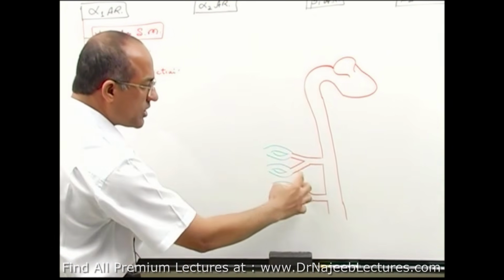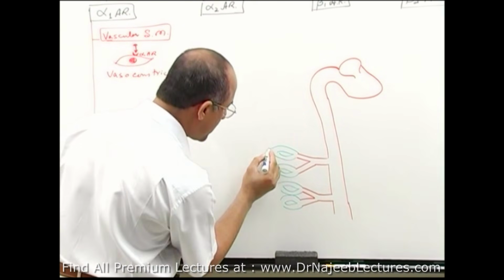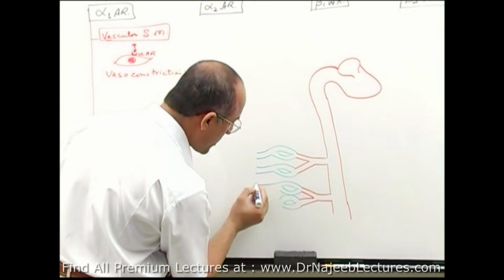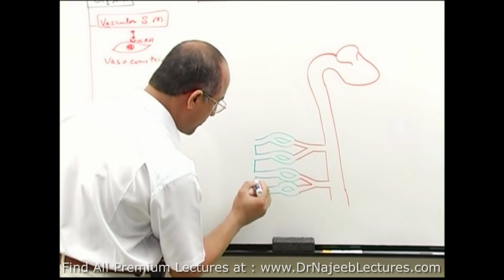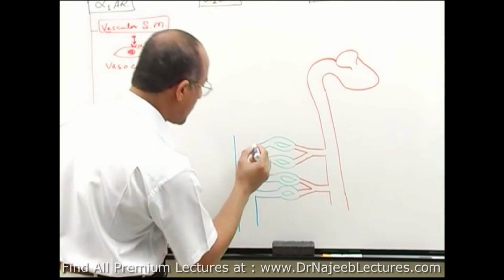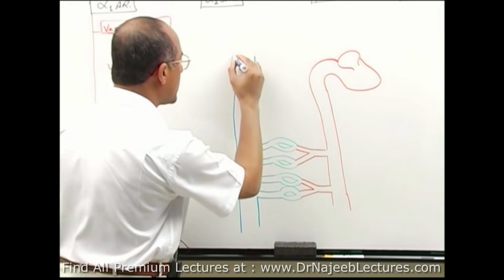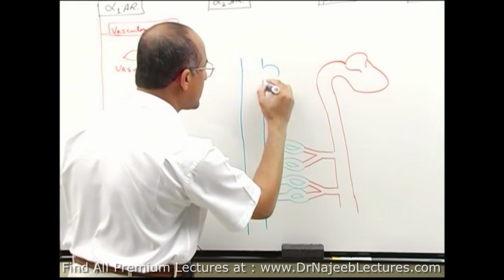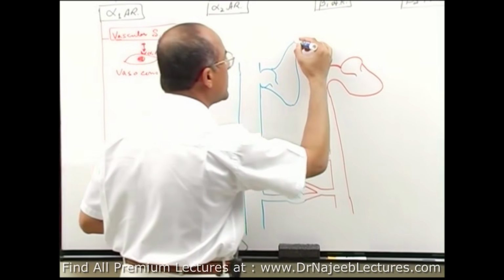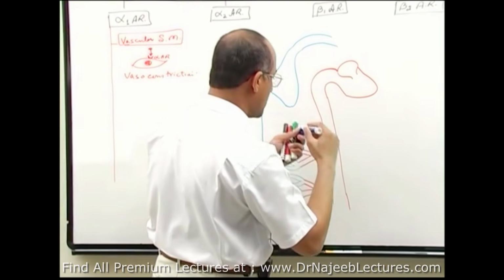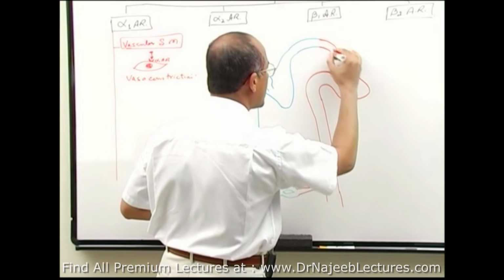So this is the arterial tree coming to the capillary network, coming to venules, and then going to veins. And this venous drainage is of course going to which heart? Right heart or left heart? Yes, right heart. And from the right heart, blood is pumped to the lungs, and from there it will get oxygenated and come to the left heart.